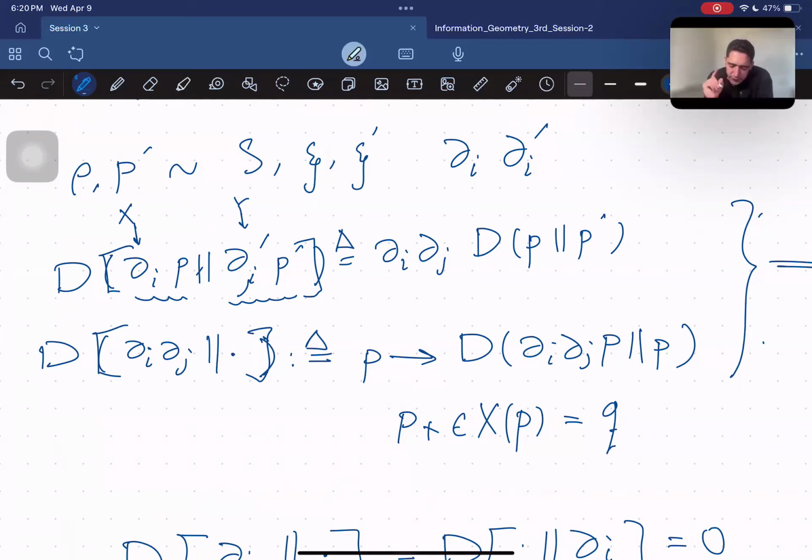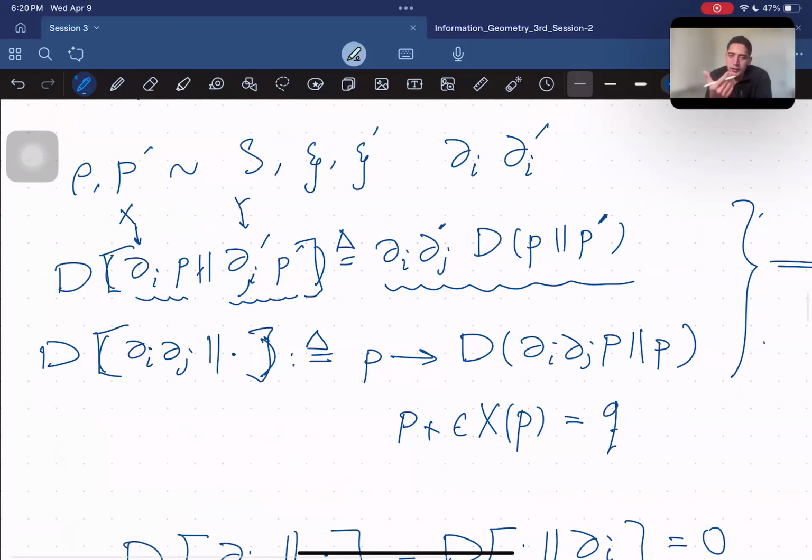I define it to be the derivative of the resulting divergence between the two. So I first calculate the divergence and then take the derivative with respect to the second parameter and then with respect to the first. And then I look at the limit of this thing when P prime goes to P. So I just take a look at the diagonal operator of the divergence.